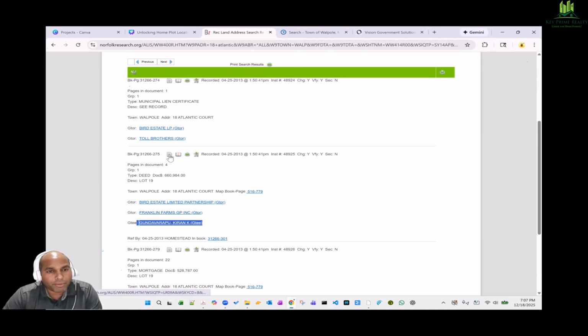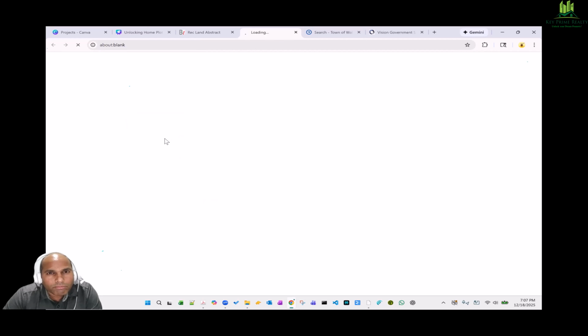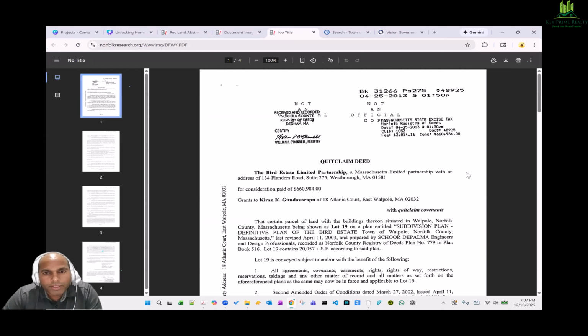If you look into the document, you should be able to view all images. This is the quitclaim deed. This is the description of the property, the plot, and who granted this deed.